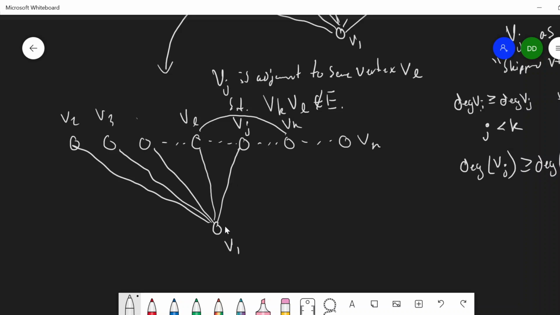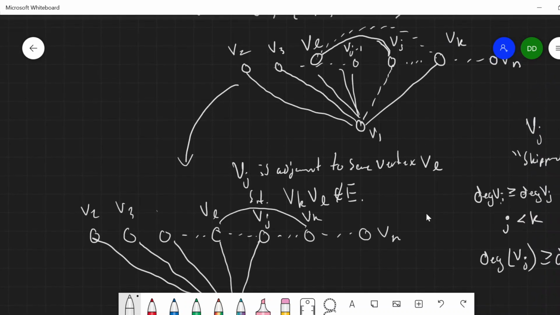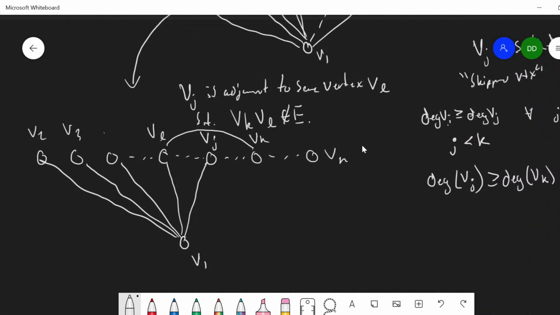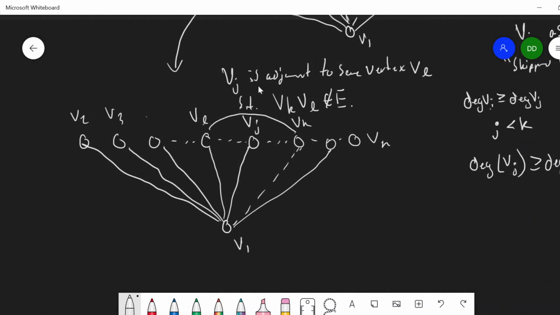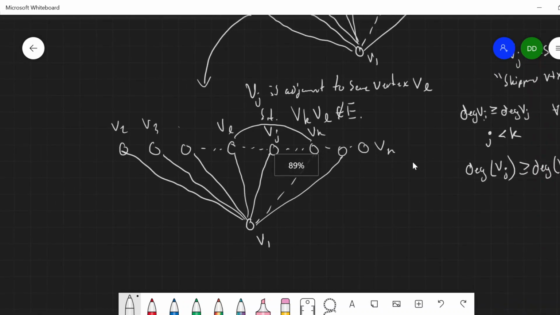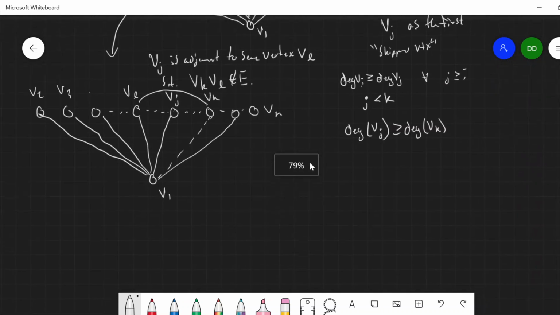And importantly, V1Vj is now an edge, and V1Vk is now not an edge. So after doing that 2-switch, this is what happens. Maybe V1 is still adjacent to something over here, that's fine. All we're trying to show here is that we've made the sum of the subscripts smaller, and that contradicts this minimal counterexample.